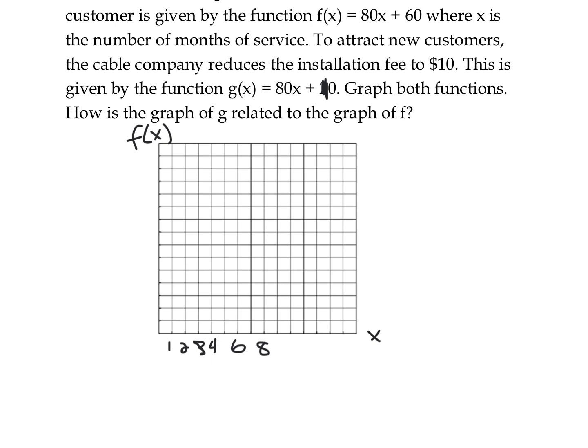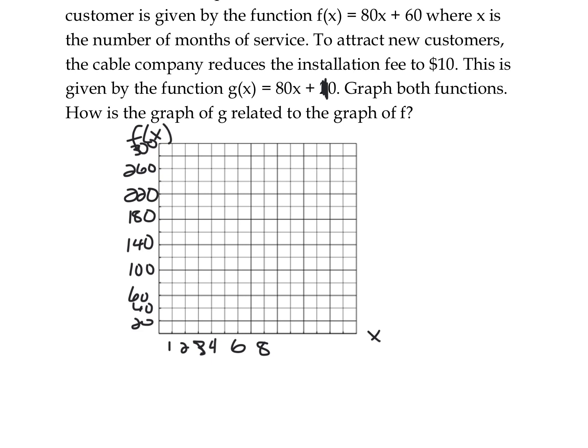So it'd be 20, then 40, then 60, that would be 100. Then we'll keep labeling our scale here. Right, as long as we're going by the same amount on this axis, it doesn't have to be the same as the x-axis, but we want to make sure we've got some numbers labeled there so we know what we're counting by on each axis.